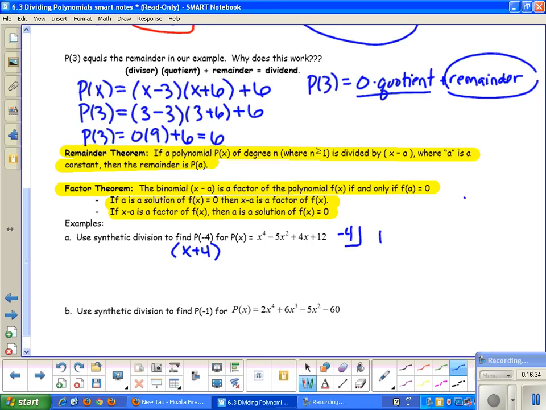And then we have 1, we're missing 0x cubed, so 1, 0, -5, 4, and 12. One times -4 gives me -4. This would be 16.